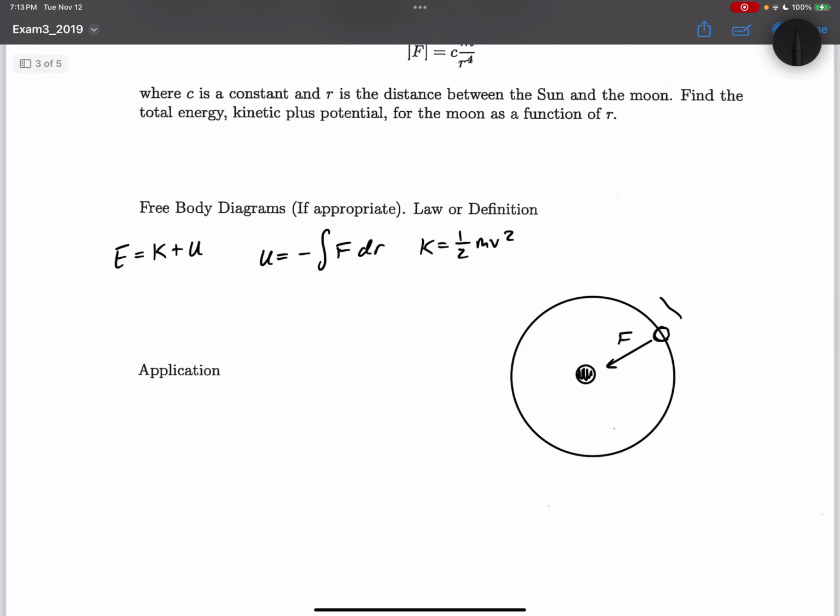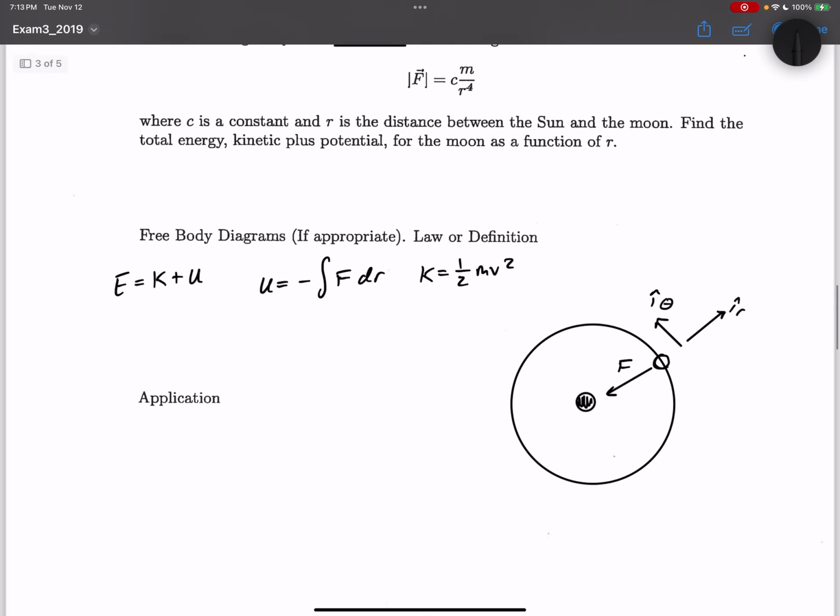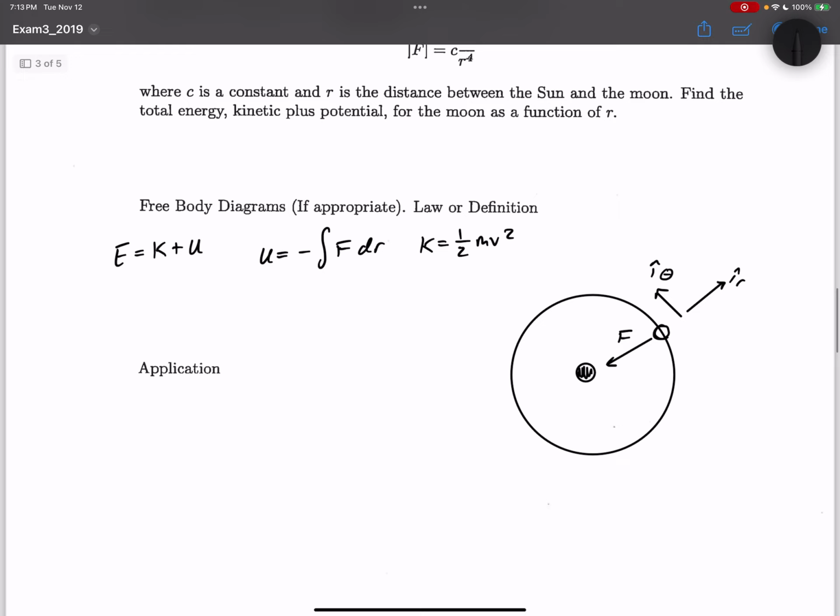Let's draw our coordinate system here, with the unit vector i_r. We just say it's moving in that direction. Since the force is attractive, it's towards the sun, which means it's pointing in the negative direction.